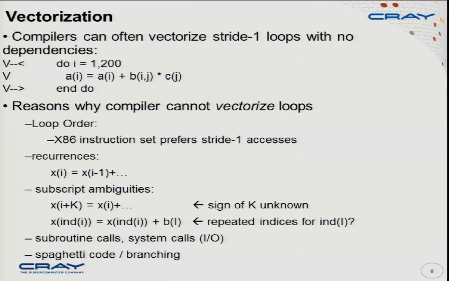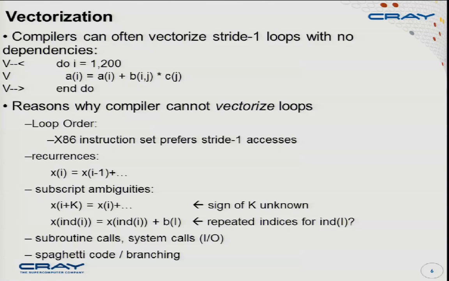Subscript ambiguities. In this case, the index is I plus k for x sub I, and if you don't know what k is, it might be -1 or +1 or whatever, and the compiler says, I don't know if there's a data dependence. Sometimes the compiler can absolutely see there is a data dependence, and sometimes it just doesn't know. If it doesn't know, it has to assume the worst case, and that prevents vectorization.